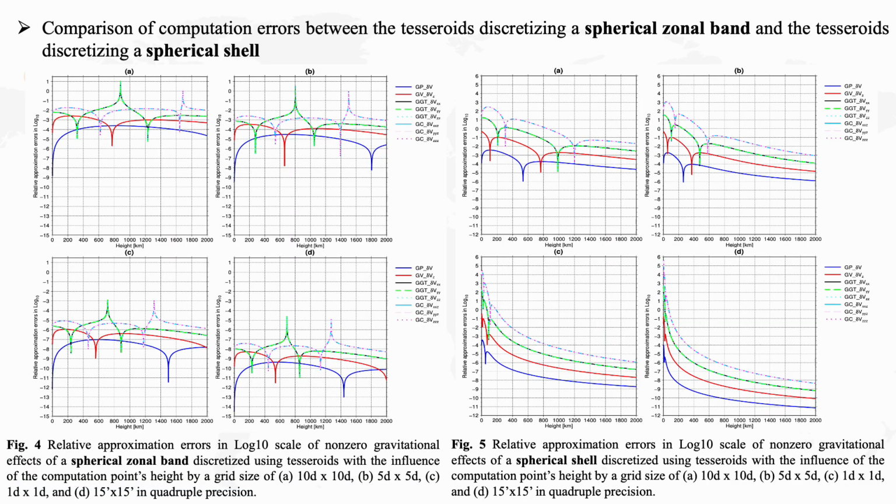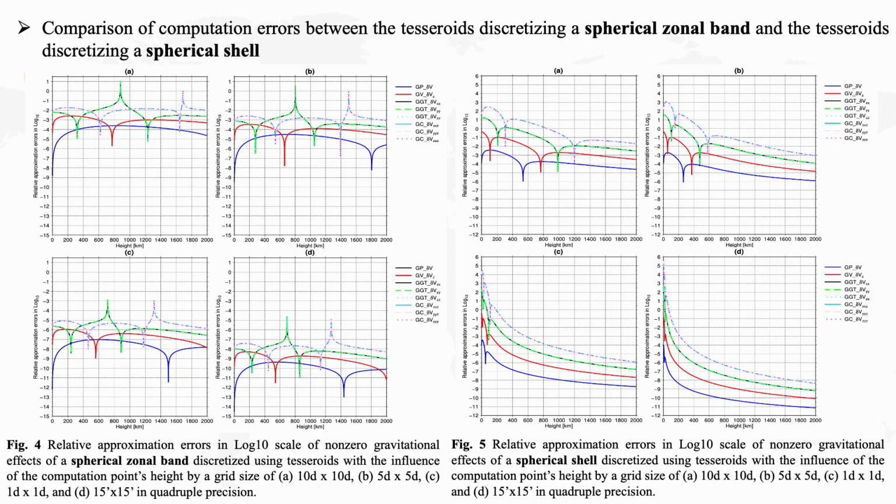Then, we investigated the comparison of computation errors between tesseroids discretizing a spherical random ball and tesseroids discretizing a spherical shell by focusing on the influence of computation point height on gravitational effect with different grid size.